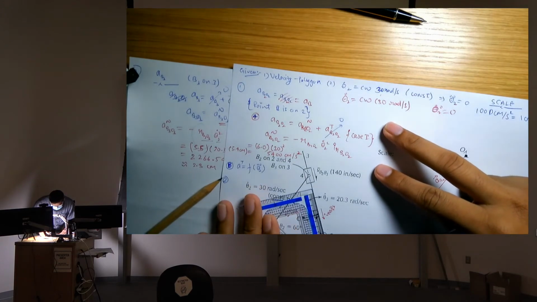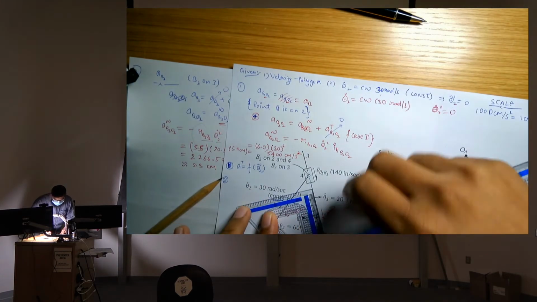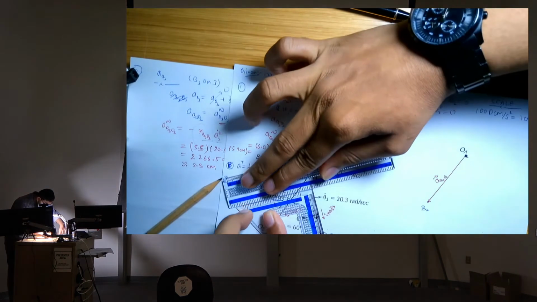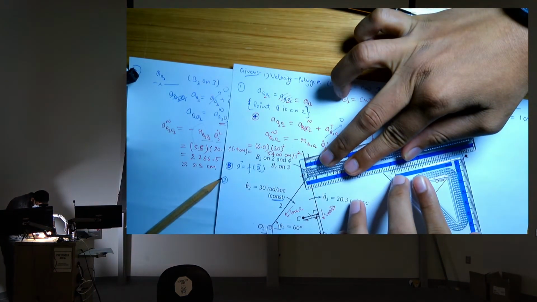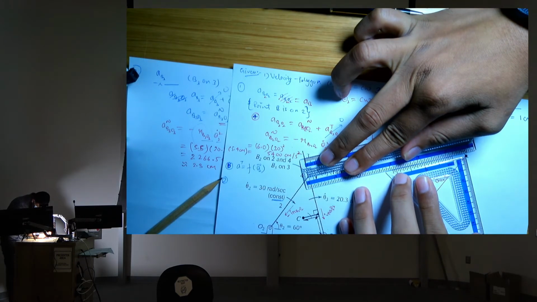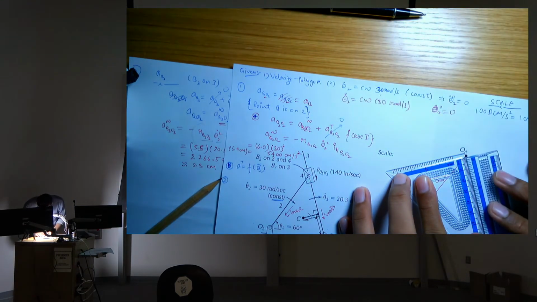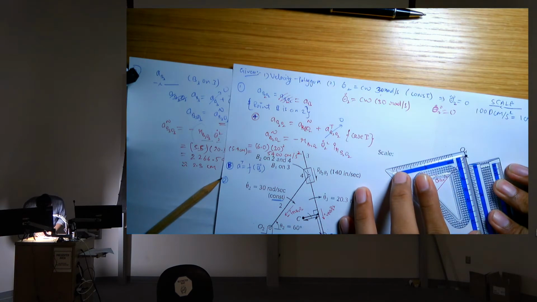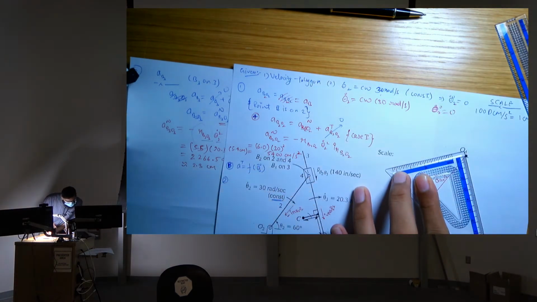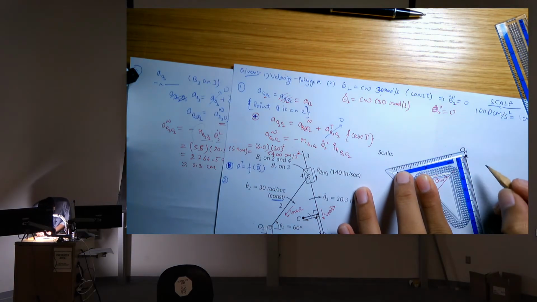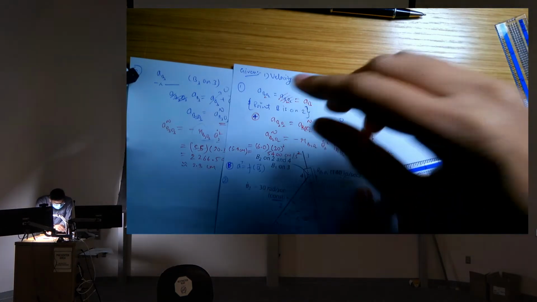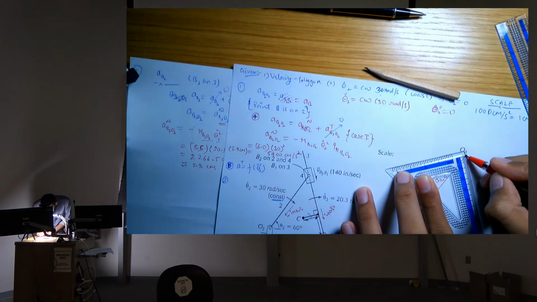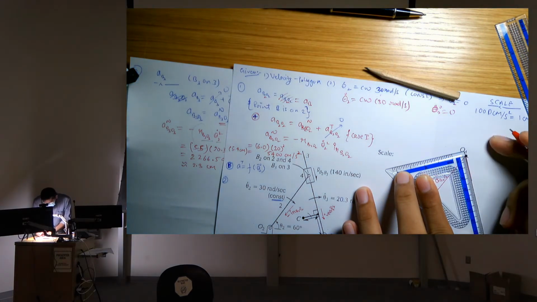In your midterm and end term exam, you have to do all this by hand. So this is 2.3. I'm darkening it because we already know the magnitude and the direction.